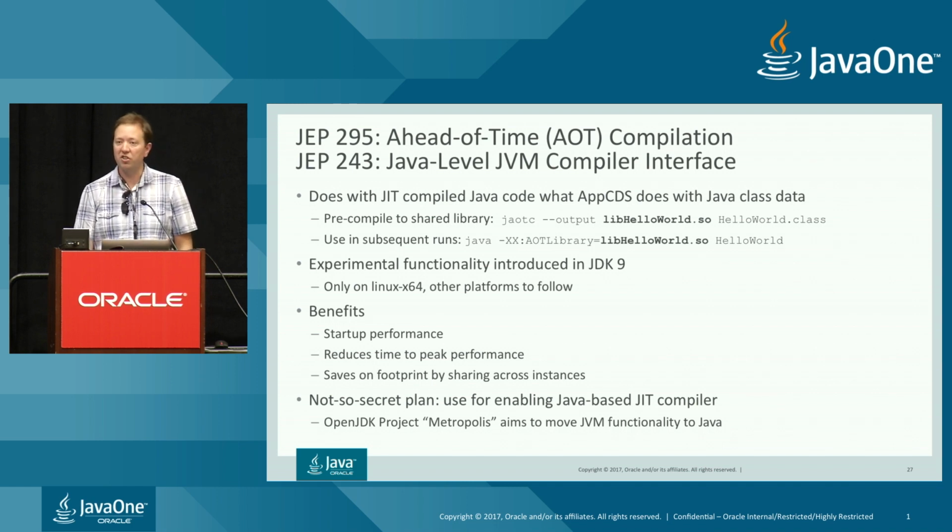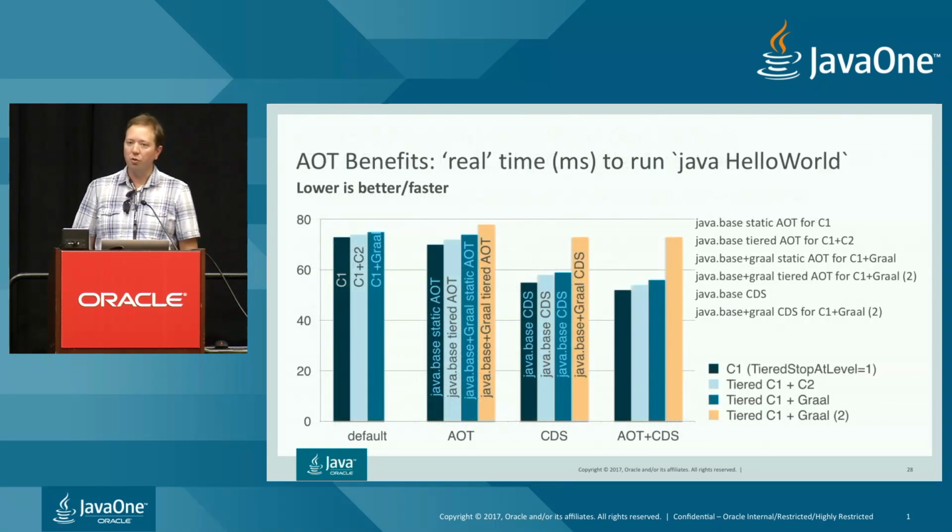And the code can obviously also be shared across instances, so you also get footprint savings. In addition to being useful to end users, we're also planning on using this internally in the JDK to be able to move our JIT compiler up into Java, to implement that in Java instead. Still work in progress, but this functionality is a prerequisite for that.